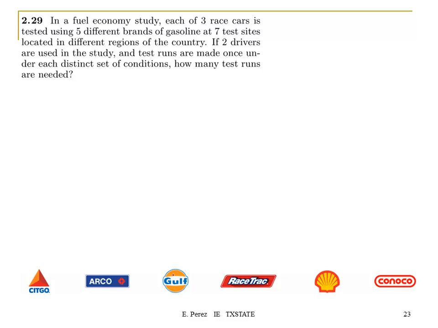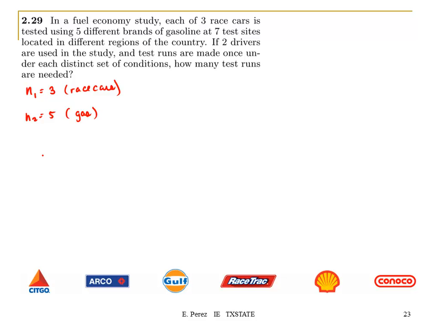So you see, right now we have multiple combinations, multiple options. So let's start with the number of race cars, N1. We have how many? 3. So these are race cars. Then we also have 5 different brands of gasoline, so N2 equals 5. This is gas.